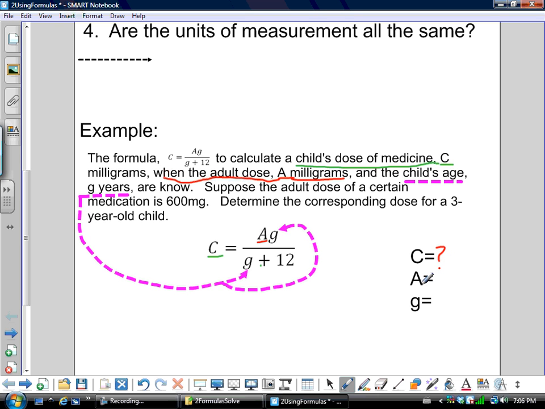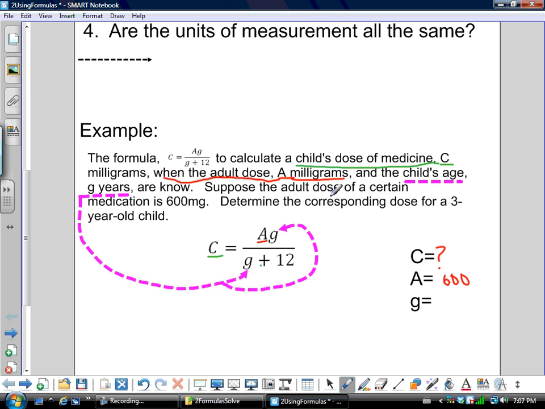Now A stands for the adult dose. What numbers do they give me? It says, suppose the adult dose of a certain medication is 600 milligrams. So this is going to be the 600. And lastly, the G has to do with the child's age.